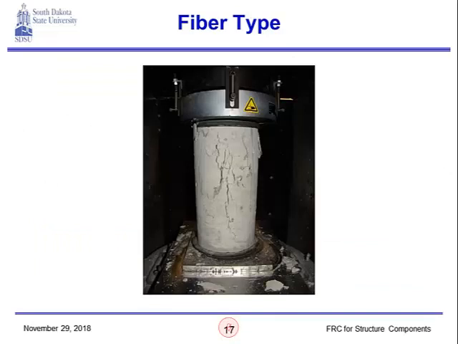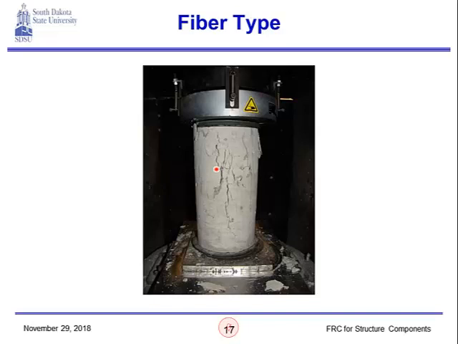Here I'm just showing a picture of one of the failed specimens, and the failure mode is pretty much the same, as you see. So this is a compressive test for one of the specimens that had FRC, had fibers in it. Something that we notice compared to conventional concrete is that the concrete is almost intact.